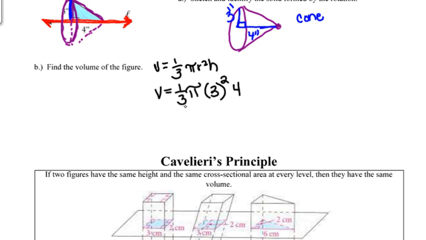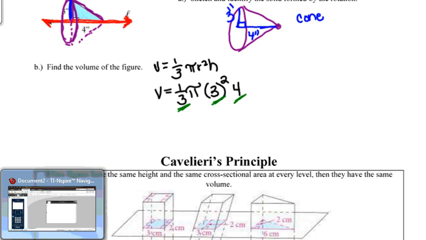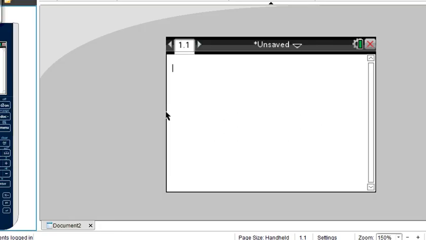Then I'm going to grab my calculator and substitute everything that's not a pi or an irrational part of that expression into my graphing calculator. So I want to type in 1/3 times 3 squared times 4.